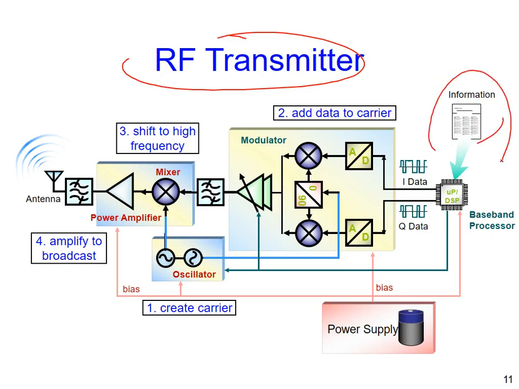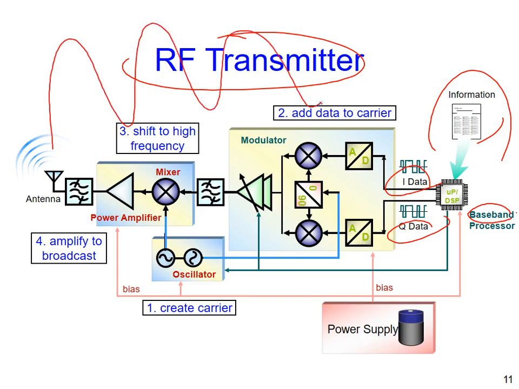Then after baseband processing and compression, we split the data into I and Q. For what? That is another very important idea for telecommunication. Because in the past, for each frequency, for each channel, you could only carry one piece of information, bit by bit.